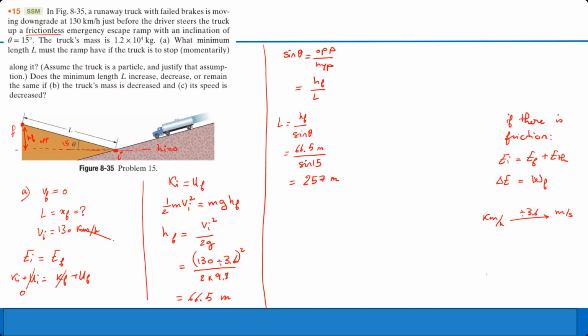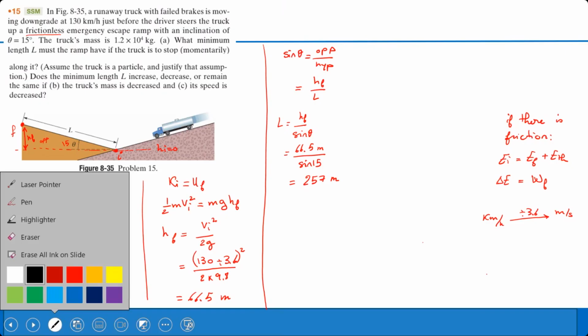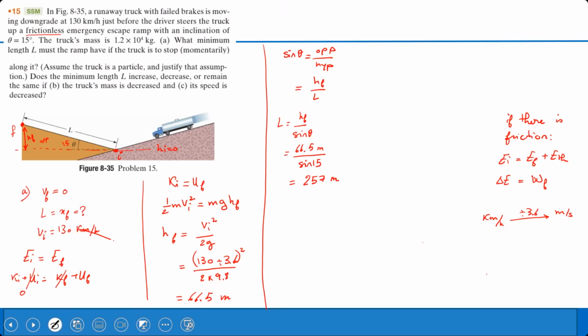Let's look at part B. In part B, we're asked about what happens to this length L. Would it increase, decrease, or remain the same if the truck's mass is decreased? So M decreases, what would happen to L?